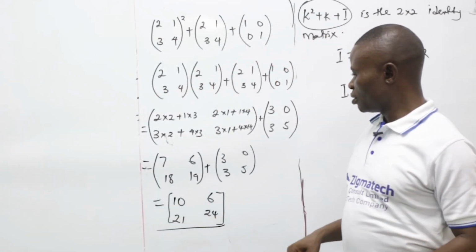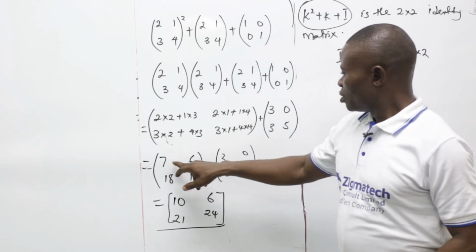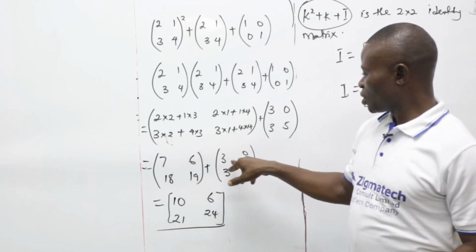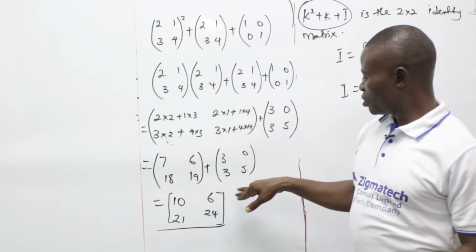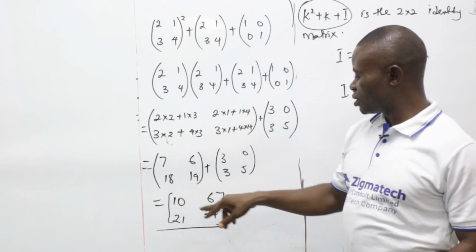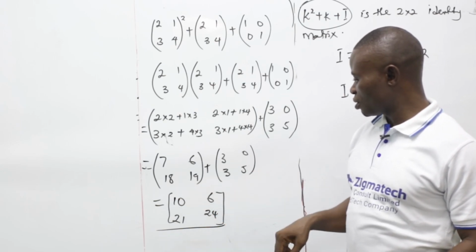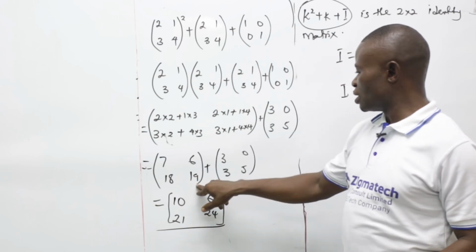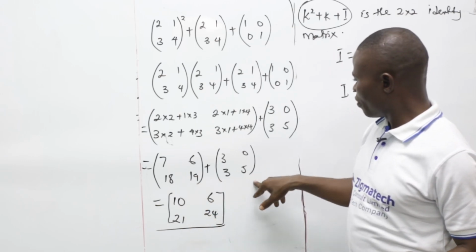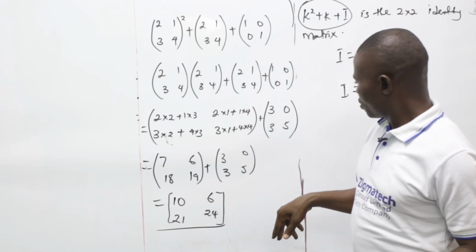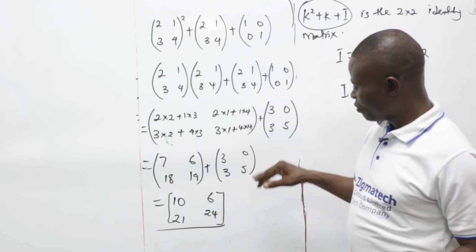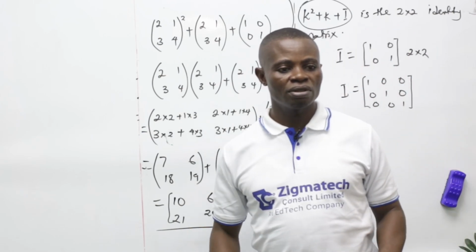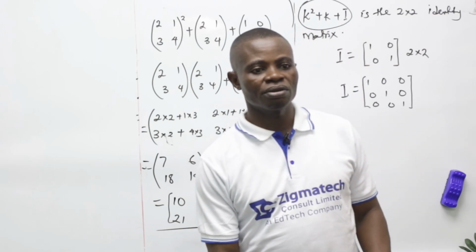Okay. 7 plus 3 is 10. 6 plus 0 is 6. 18 plus 3 is 21. 19 plus 5 is 24. So that's the solution to that question.